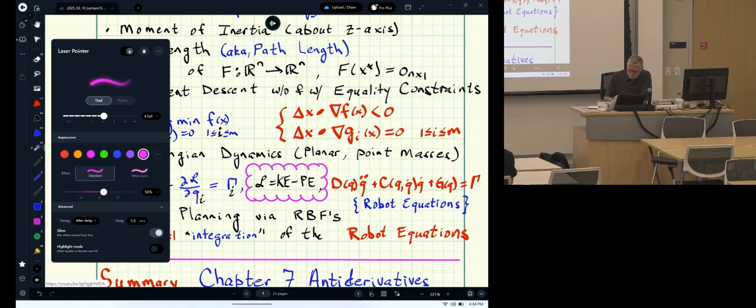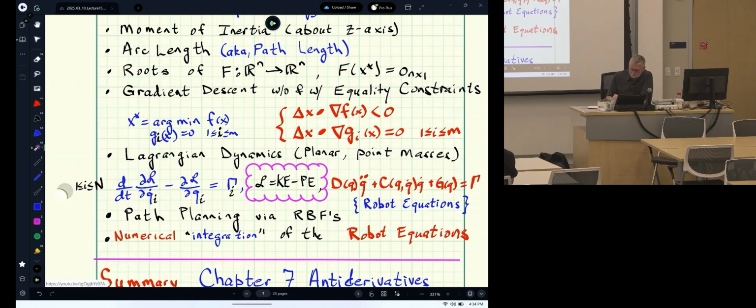And these are a generalization of Newton's F equals ma, or ma equals F, where here's the m, the mass inertia matrix, here's the a, the acceleration of the generalized position coordinates. These are things dealing with rotating bodies that don't show up in the standard Newton equations, okay? And then this is the effects of gravity or potential energy from springs, and then this would be motors or rockets or whatever external forces you have acting on the body.